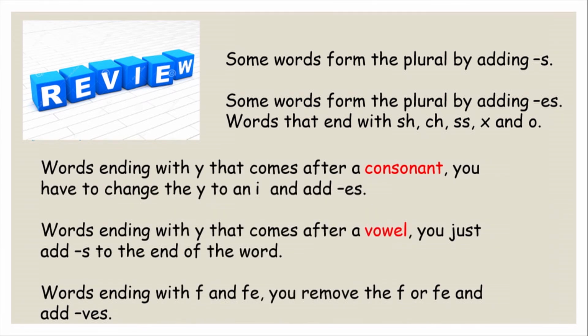Words ending in y that comes after a consonant, you have to change the y to an I and add es. So the rules that we learned today: words ending in y that comes after a vowel, you simply add s, and words that end with f and fe to form the plural, you drop the f and the fe and you add ves.